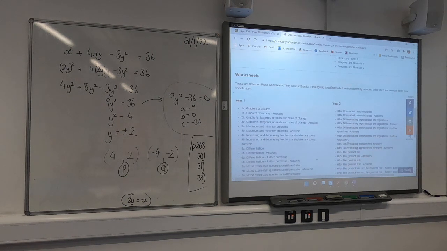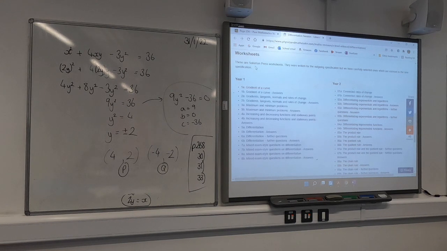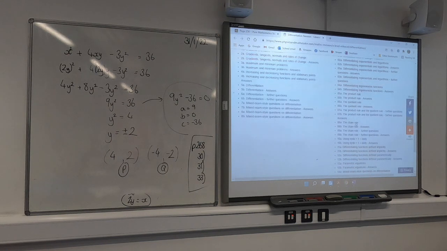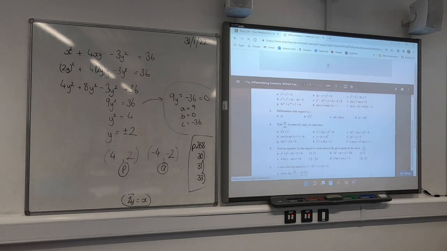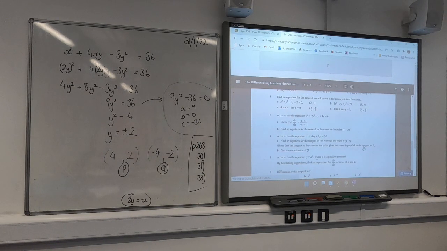Then down here you've got even better ones. These come from old syllabus worksheets, and I have a feeling I got the implicit ones from here. We'll just have a look. Yes, and no marks.